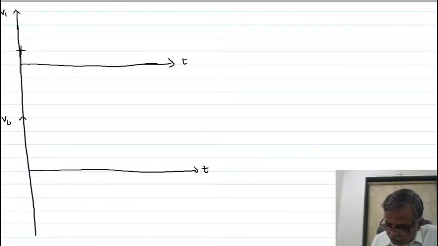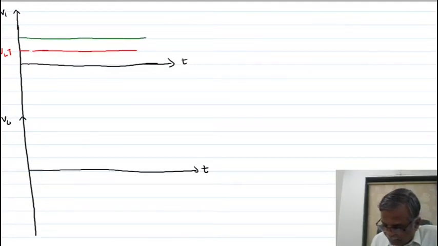This is your VLT, this is your VUT, and this is your input signal.